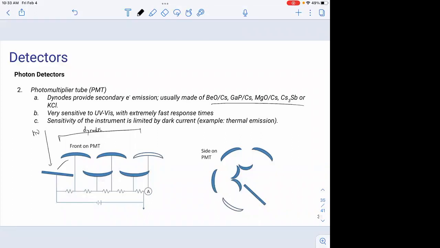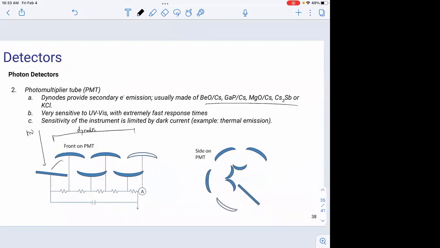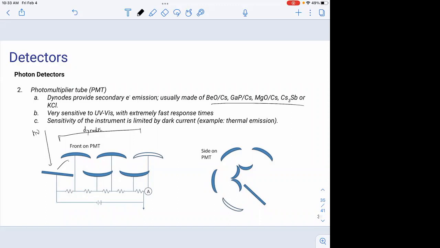Remember that we have ejection of an electron from that photosensitive cathode material. Once I have that first ejection, here I have one photon hitting, and I'm going to eject 2 electrons. From these 2 electrons, I'm going to have 4 that hit the next dynode, and from those, the next I'll have 8, and here I'll have 16.